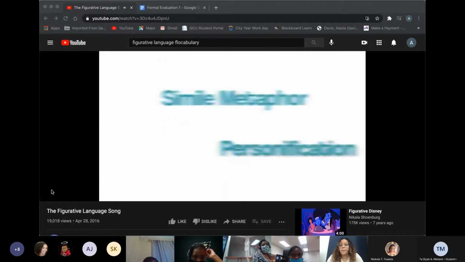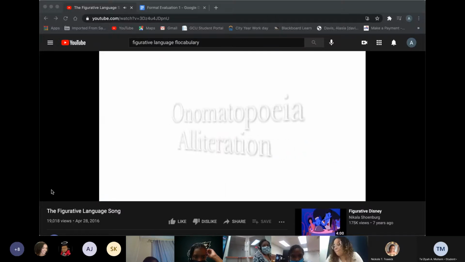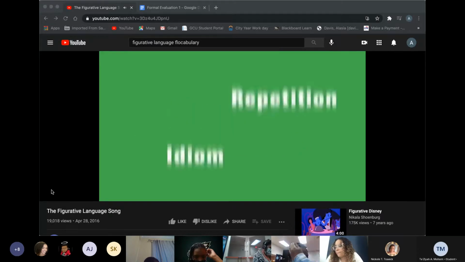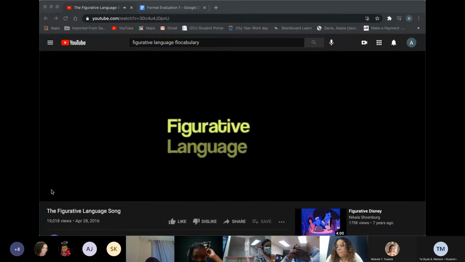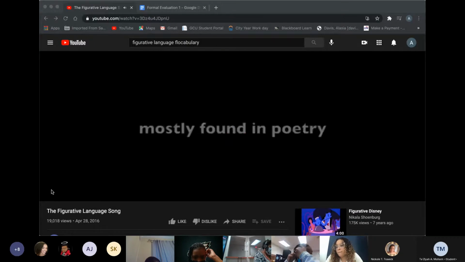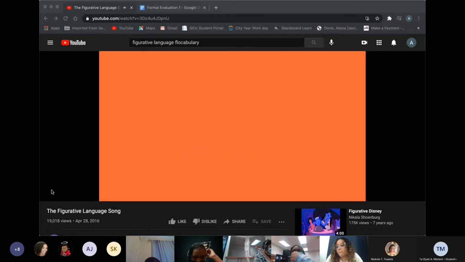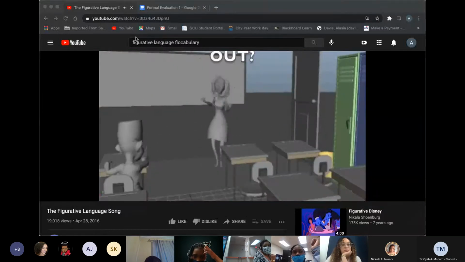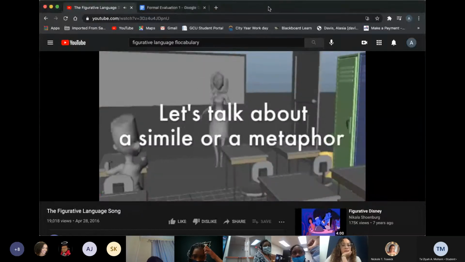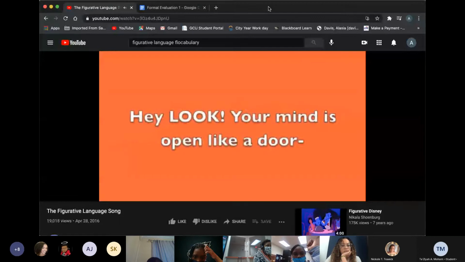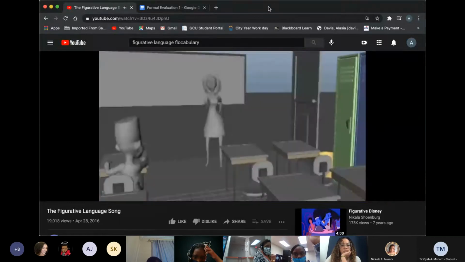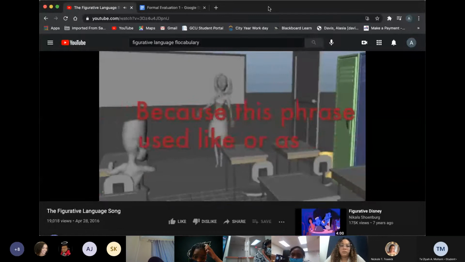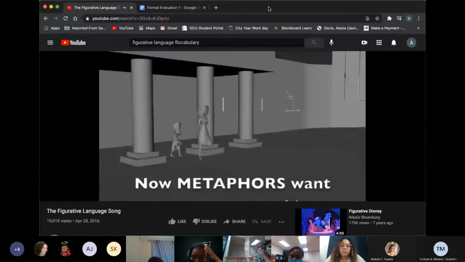Figurative language is what the song's about. Mostly found in poetry. Now can we share out? Let's talk about a simile or a metaphor. Hey, look, your mind is open like a door. That's a simile. Why? You might ask. Because this phrase used like or as. Now metaphors want you to see something as something else.